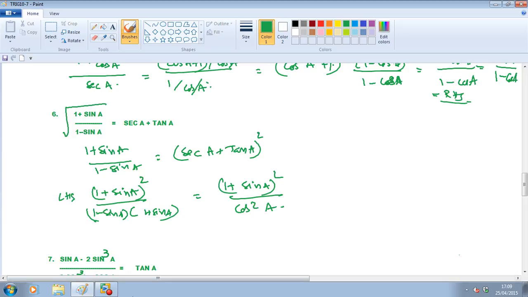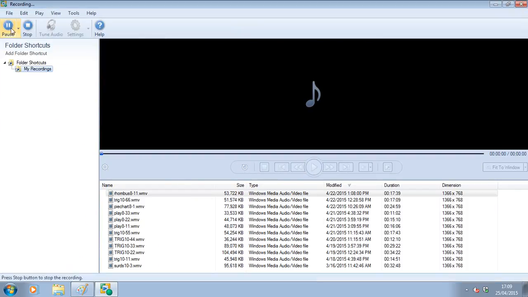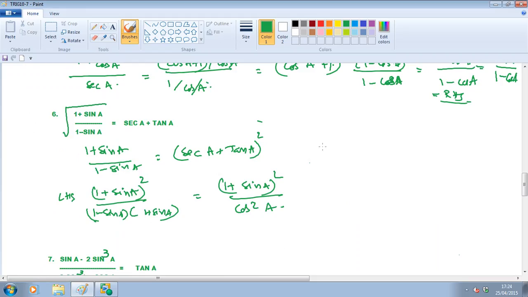Next step, we can go ahead with this and prove it is equal to RHS, or we can take the RHS. Now secant A we can write as 1 by cos A, and tan A is equal to sin A by cos A. Now we can write this as 1 by cos A plus sin A by cos A, the whole square.